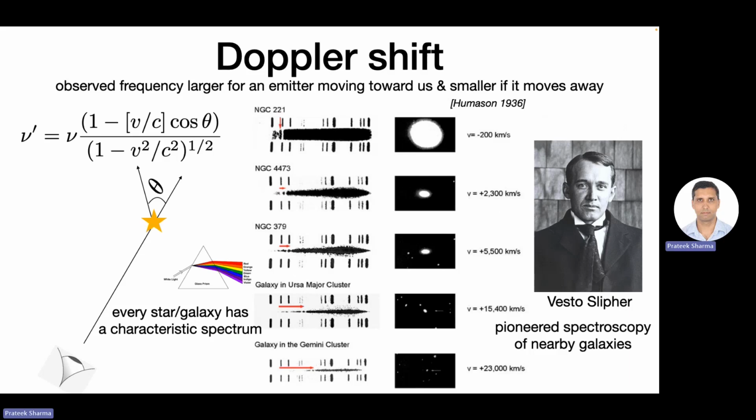Dark shows emission, and the gap in white shows absorption. Galaxies have absorption features in their spectra, and we'll come to why that is the case. These absorption features are most likely hydrogen Balmer features, or some very common feature like calcium.